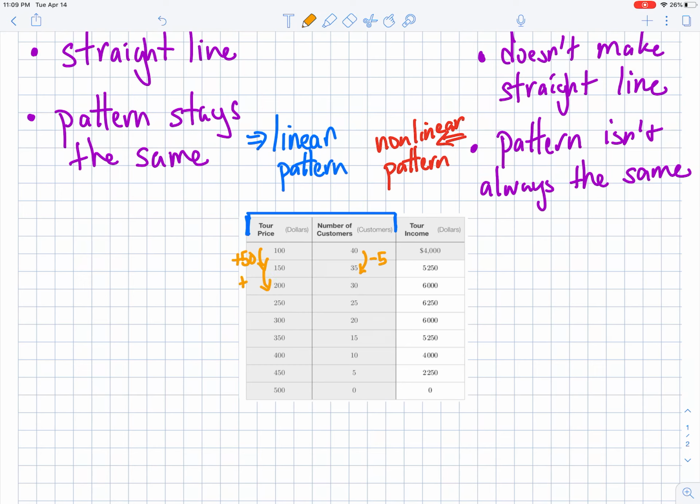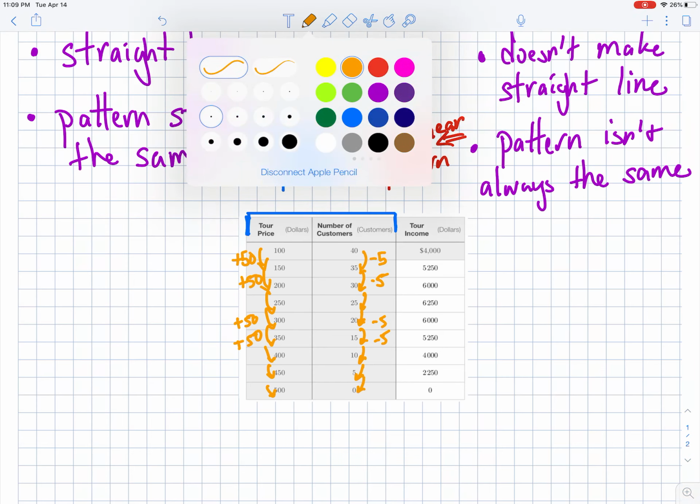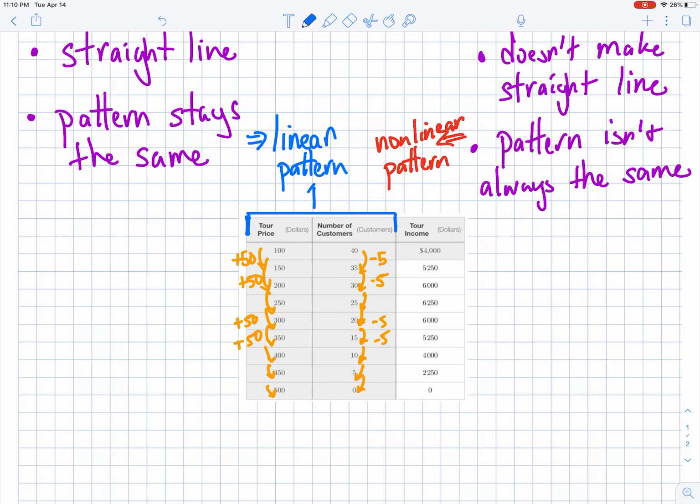Well, yep, I keep adding 50 to go from $150 to $250, and I subtract off 5 customers. And I can go this whole way, and that pattern stays the same. I'm always adding $50, and I'm always subtracting 5 customers. So since this pattern stays the same, we would say this is a linear pattern.